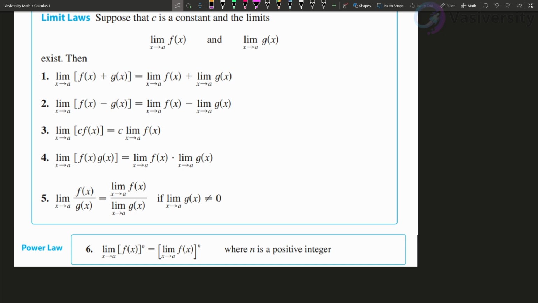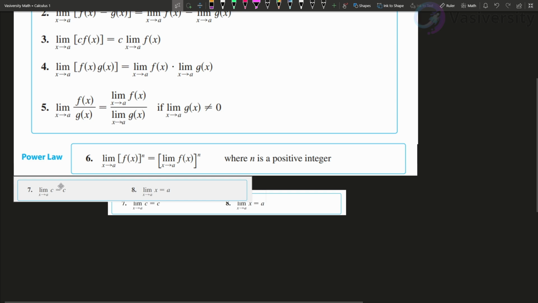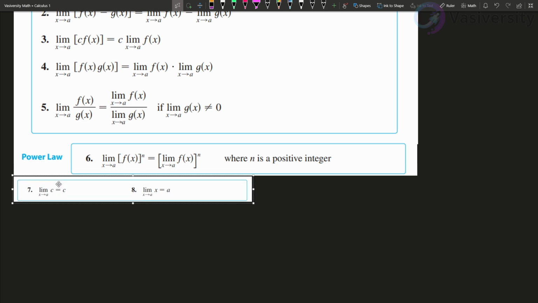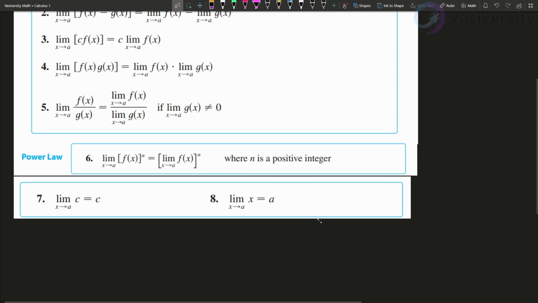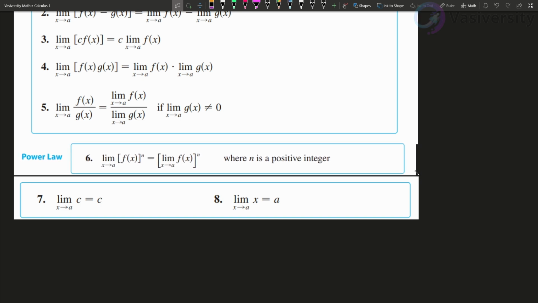We also need to define a little further what it means to apply the limit, so we have to include a few more rules. The seventh rule is that the limit as x approaches a of c is going to be c, and the limit of x itself as x approaches a is going to be a.